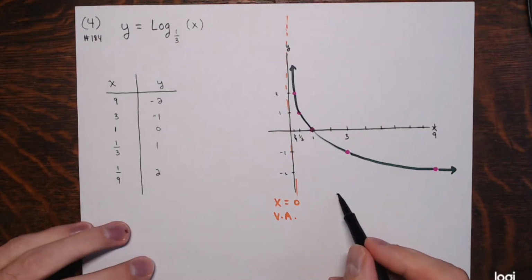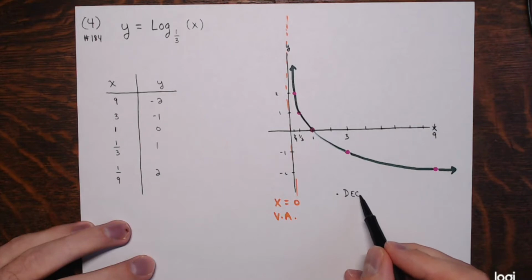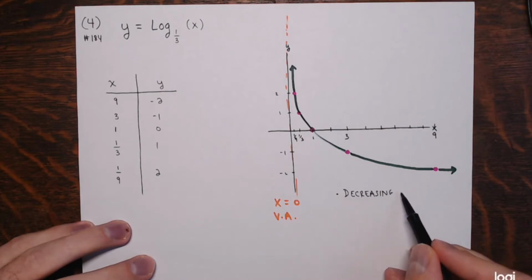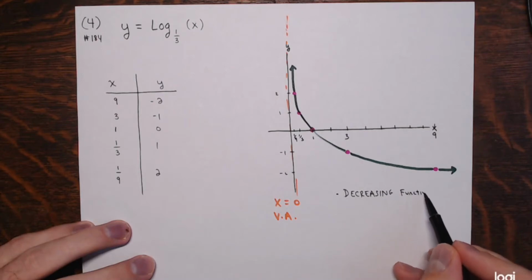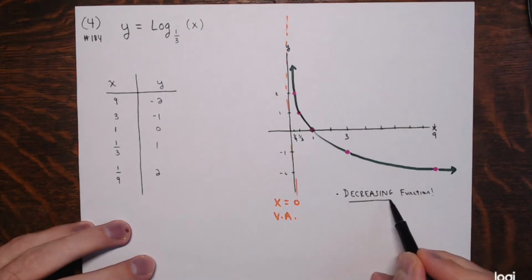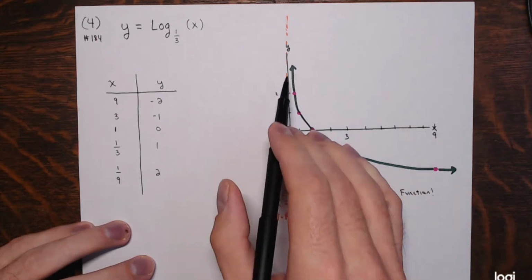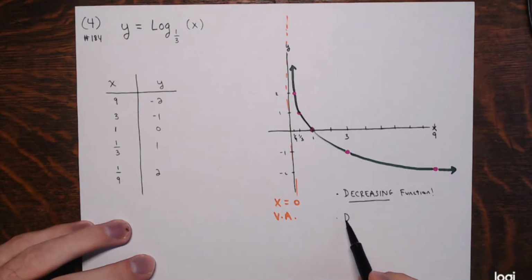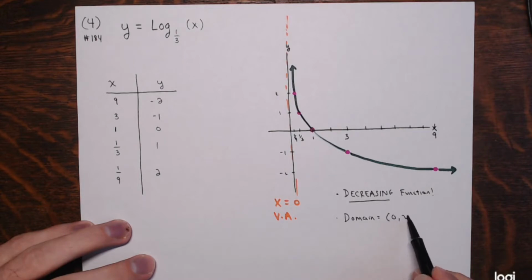Now this time, though, as I said already out loud, this is a decreasing function. As the input increases, the output decreases. All right, so that's going to be the only major difference, right? The domain and range are the same as before. The domain is still only positive numbers.